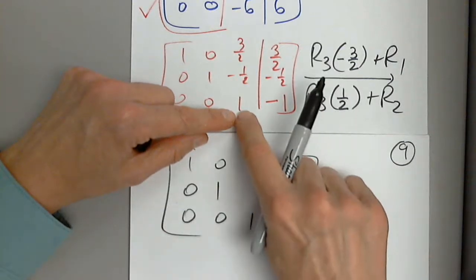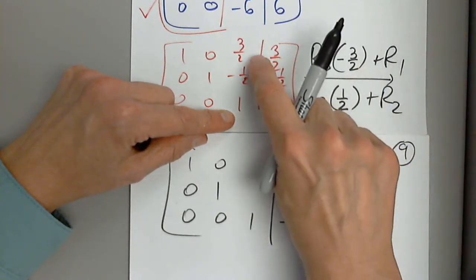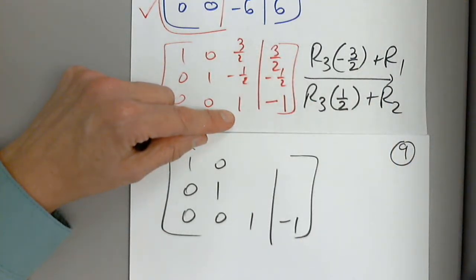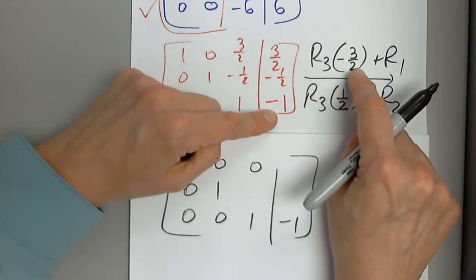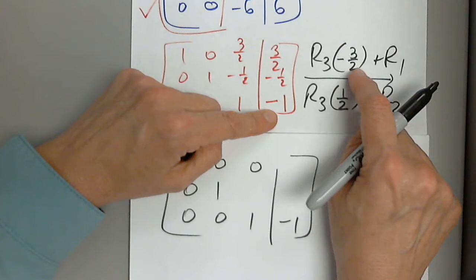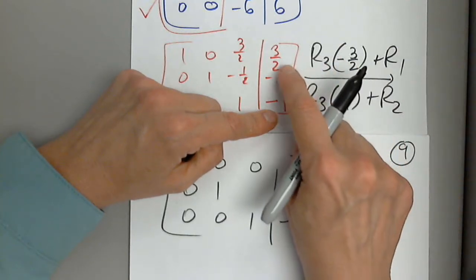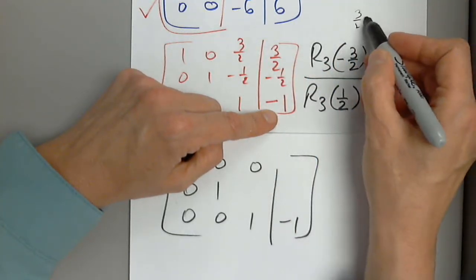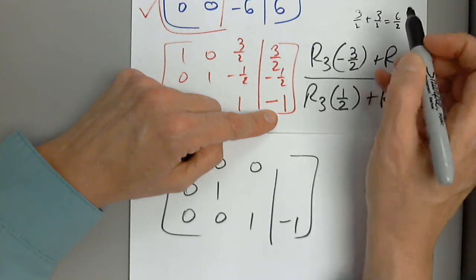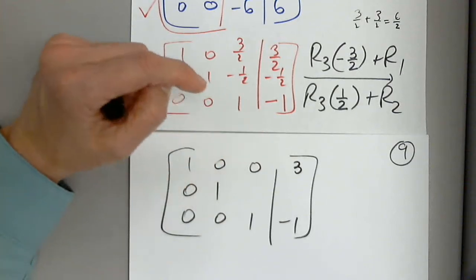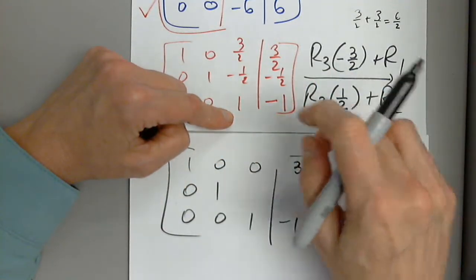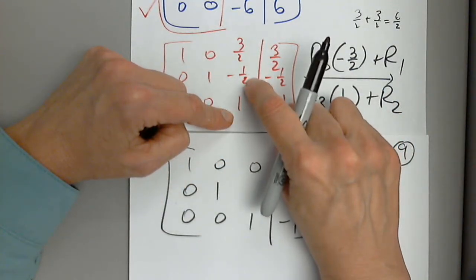Okay. 1 times negative 3/2 plus 3/2. Negative 1 times negative 3/2. Positive 3/2 plus 3/2. 3 over 2 plus 3 over 2 is 6 over 2, which is 3. 1 times 1/2 minus 1/2.